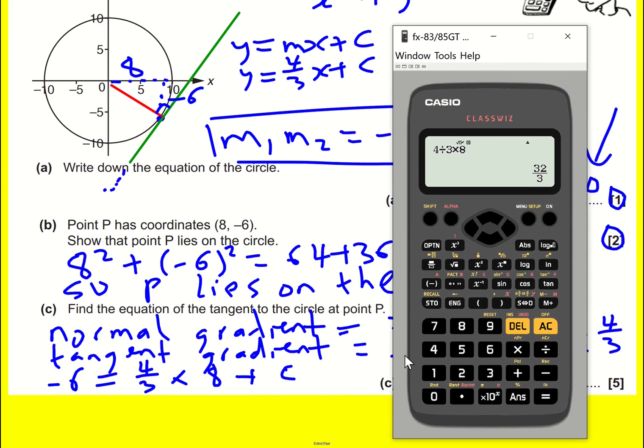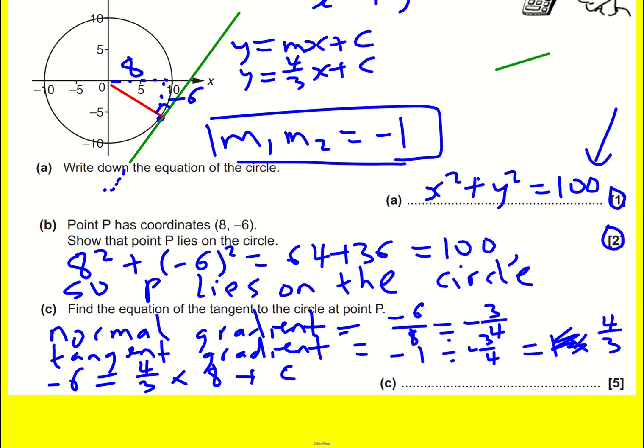And then I'm going to do minus 6 minus that answer. And that's going to give me minus 50 over 3. And that's looking about right, to be honest, for my drawing. So minus 16 and 2/3 I'm going to write it as. And therefore my final answer is going to be y equals 4 over 3 x, as horrible as this is, what it is, minus 16 and 2/3.